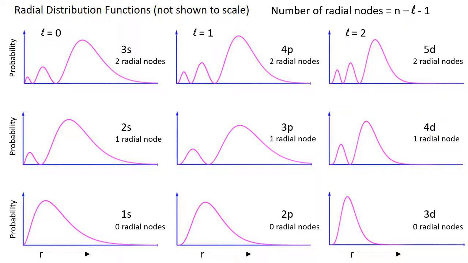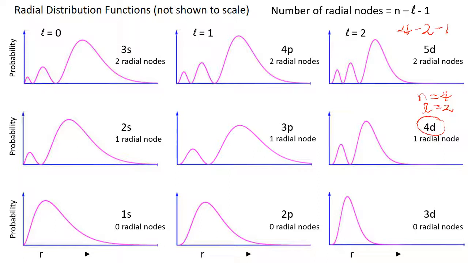Let's take an example. Let's look at the 4d level. So for this particular case, n equals 4. Because this is a d orbital, L equals 2. Plugging that into our equation, I have 4 minus 2 minus 1.